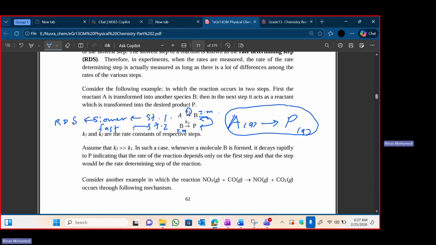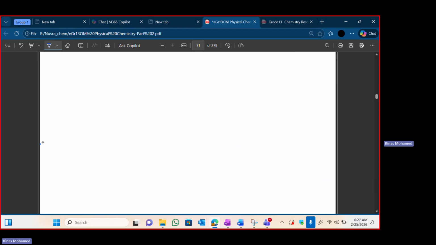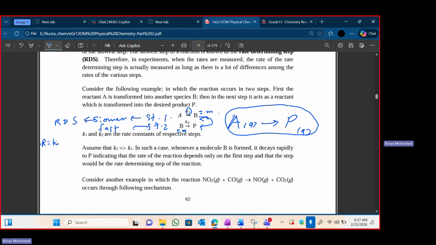Then how can we write the overall rate law? In the slower step, only 1 A is present, so we write R1 equals K1 into A to the power 1.